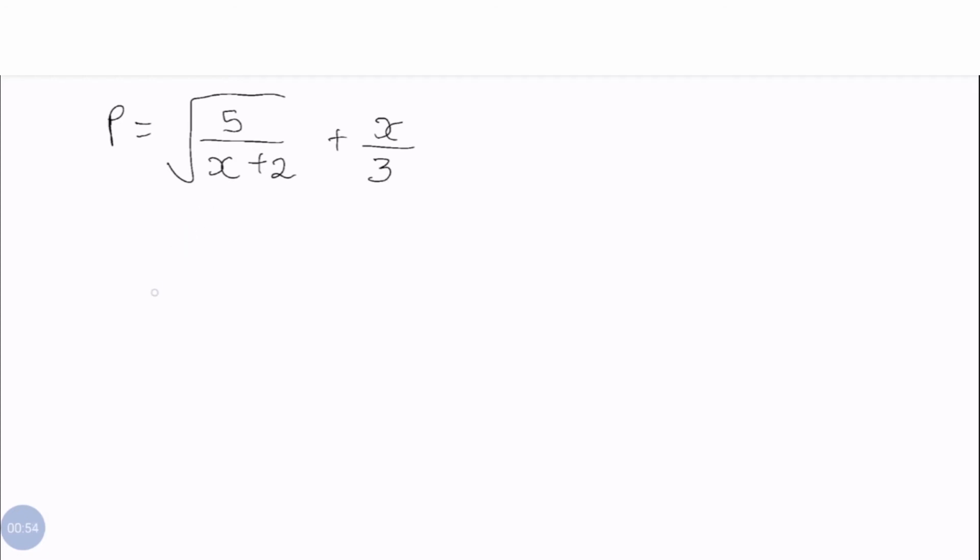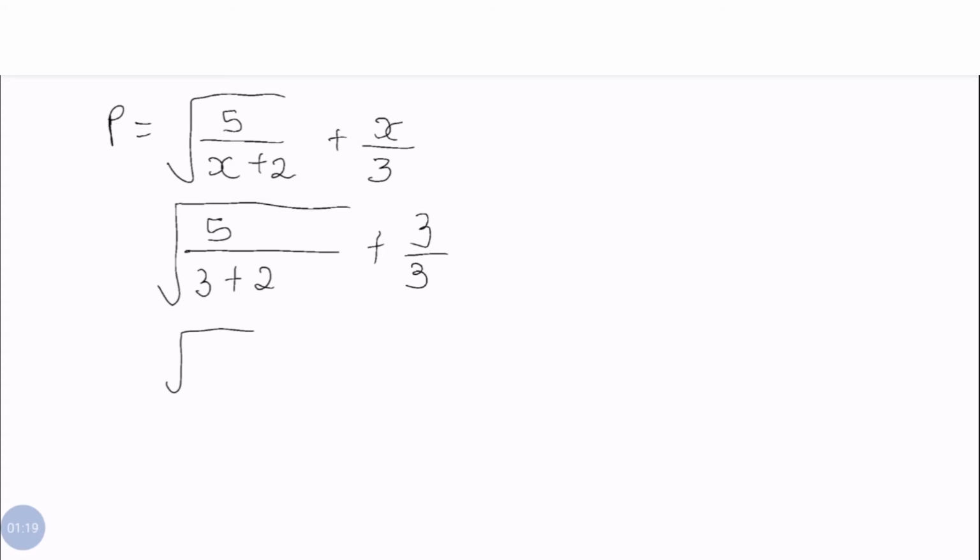Now we substitute: root 5 over, now we have an x, we substitute with a 3, 3 plus 2 plus 3, we substitute with a 3 wherever there's an x, over 3. So that means this is root 5 over 5 plus 3 over 3 is the same as 1.